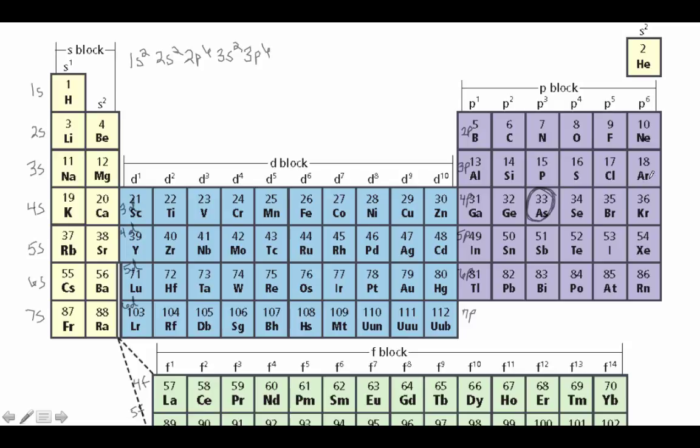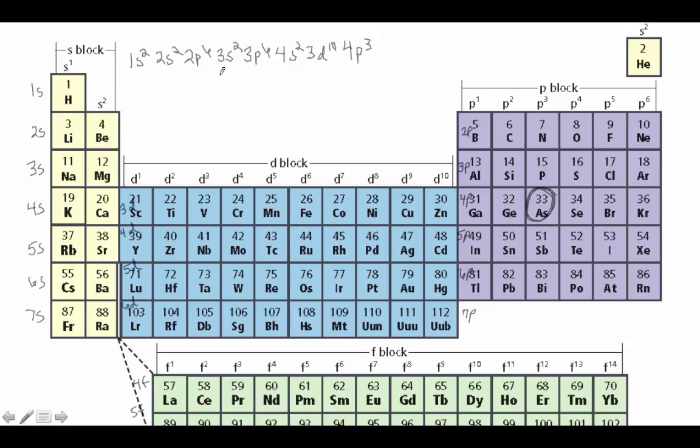Still not there. Going down to the next row, 4s2. And 3d10. And then we are getting close to our element, so we have a 4p1, 4p2, 4p3.